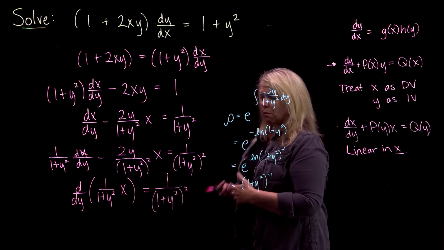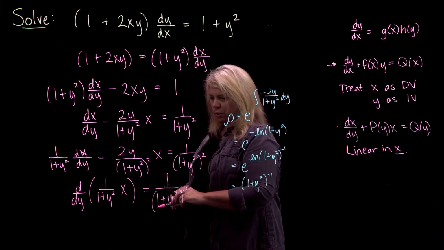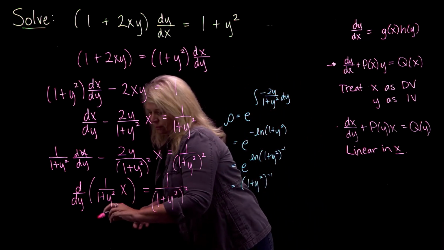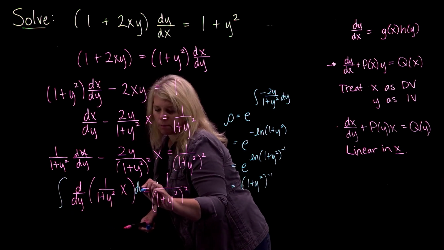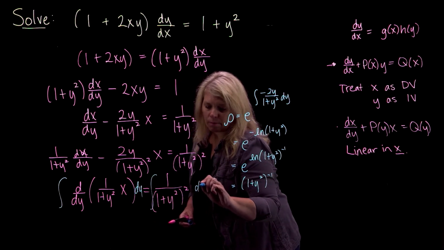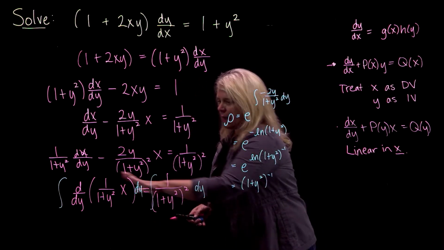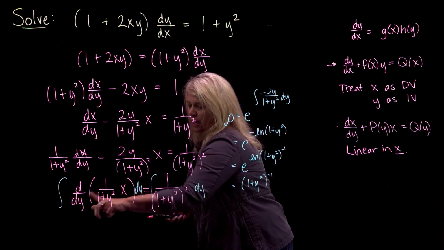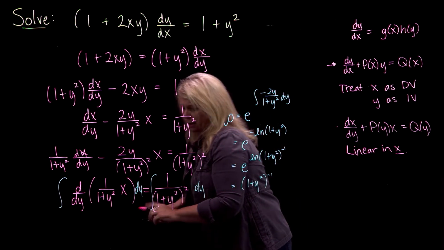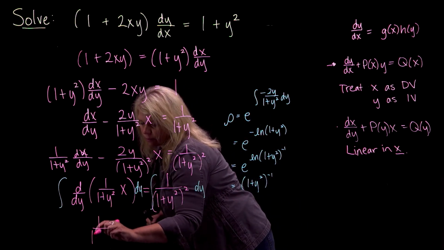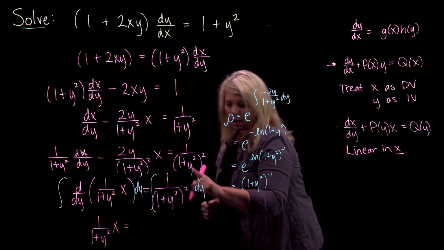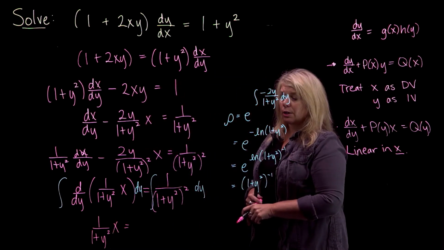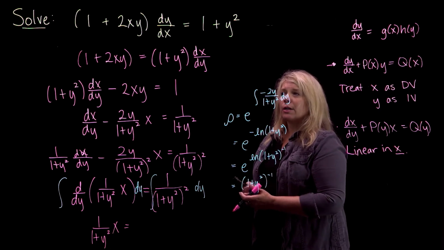All right, and then we want to integrate both sides with respect to y. And so over here, our differentiation and our integration undo each other. And over here, we need to go ahead and do this integration.